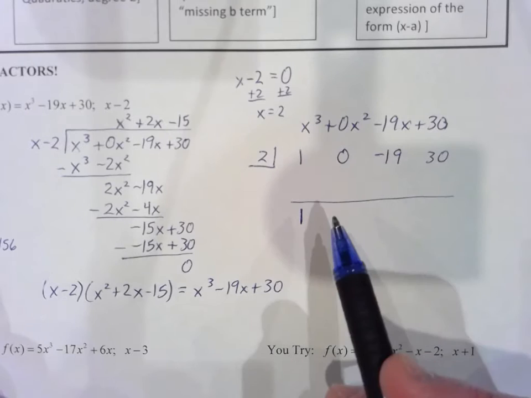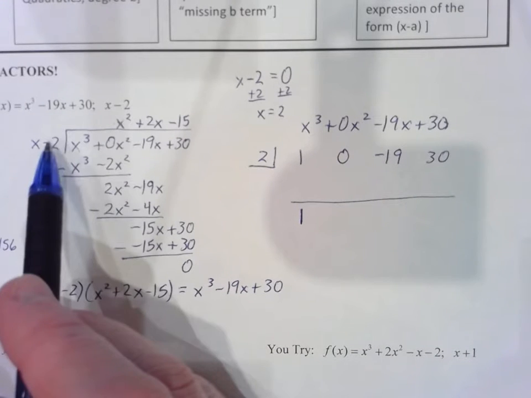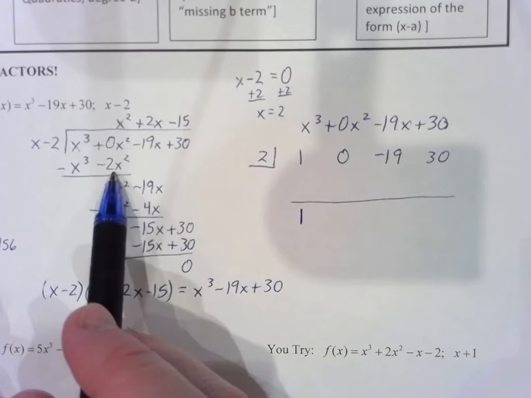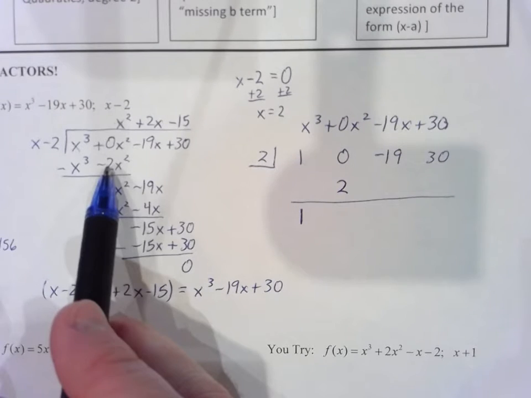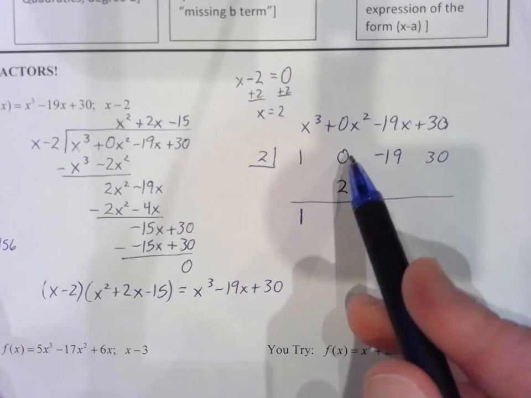And so now this 1, the 1x squared, is getting multiplied by the 2 to figure out what goes down below. So the 2 times 1 comes up here, and it's being combined with the 0. So 0 plus 2 is 2.